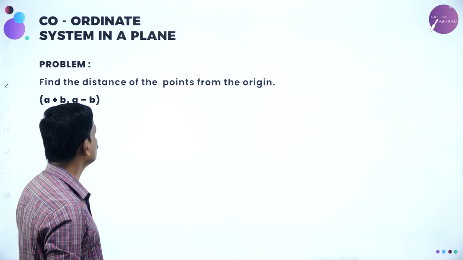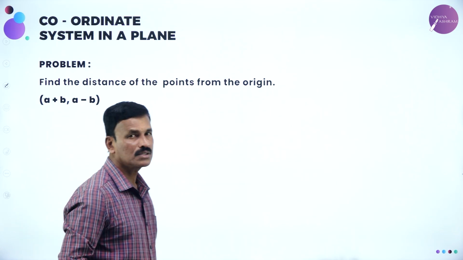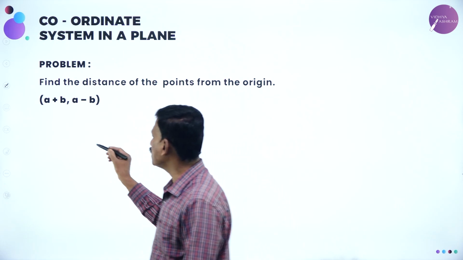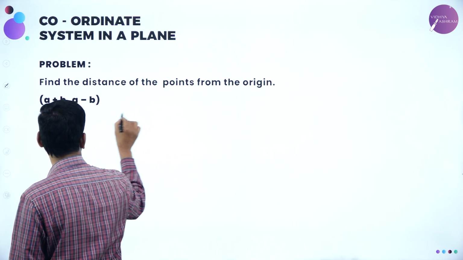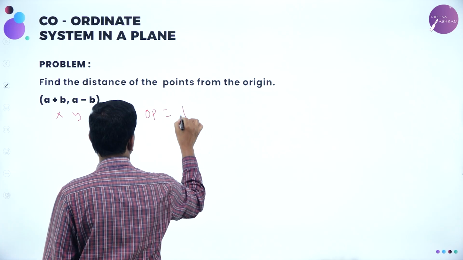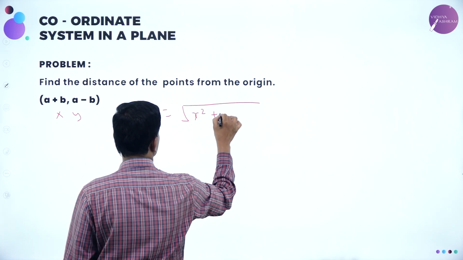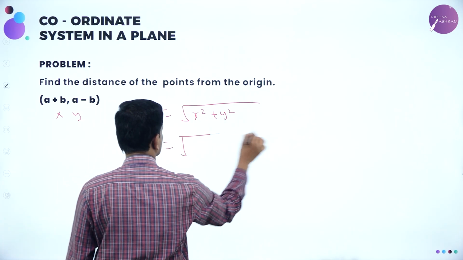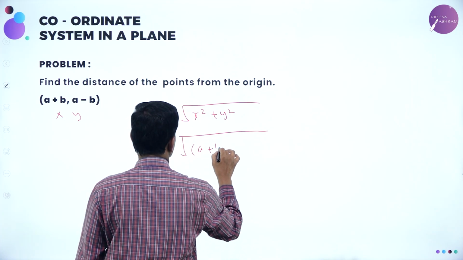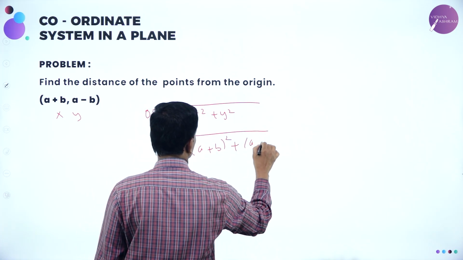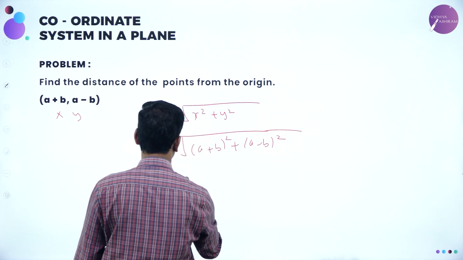Find the distance of the point from the origin. So the distance of the point (x, y) from the origin, call it OP, is equal to root of x square plus y square. Take the point as (a plus b, a minus b): root of (a plus b) whole square plus (a minus b) whole square.